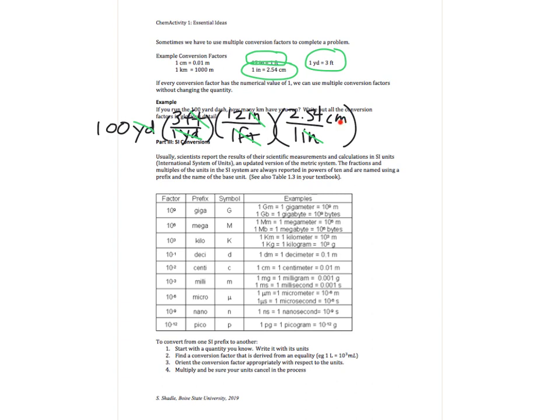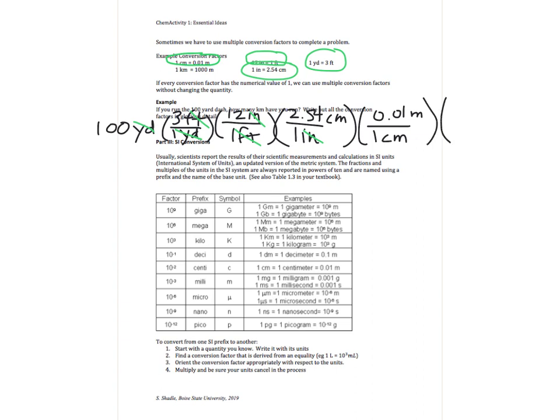Now I'm not after centimeters, so let's keep going. I want to get to kilometers, but let me go from centimeters to meters. So I'll use this one here. So I'm going to go 1 centimeter equals 0.01 meter.